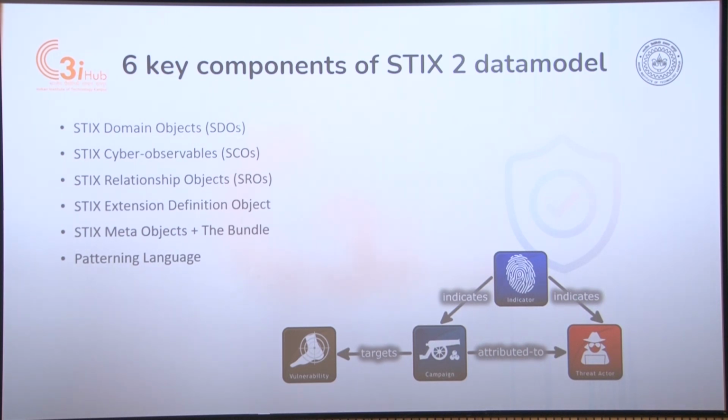We will see what these domain objects are. For example, campaign is a domain object, indicator is a domain object, threat actor is a domain object. These are specific types of objects. There is also another object called cyber observables, anything that you can observe, for example a file, a URL, or an email message.